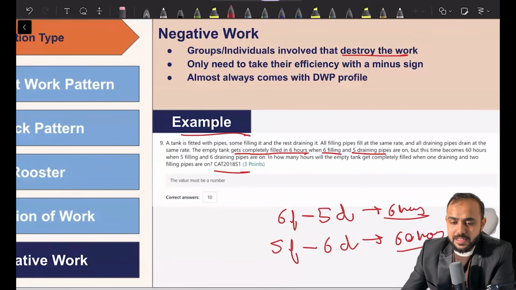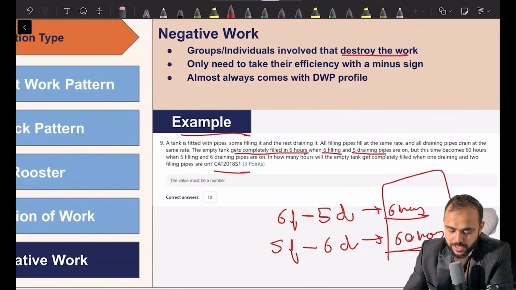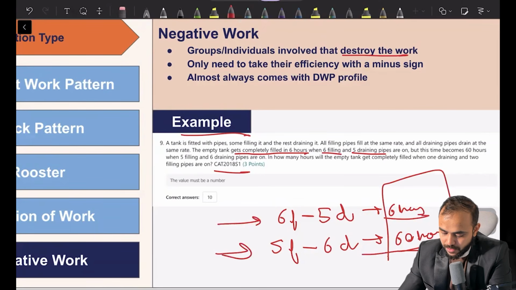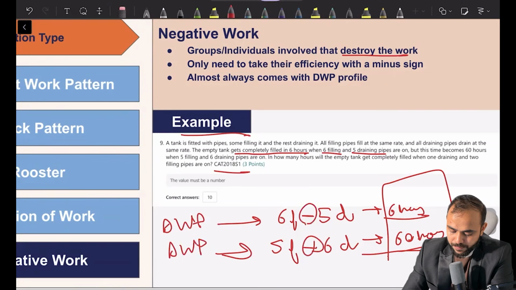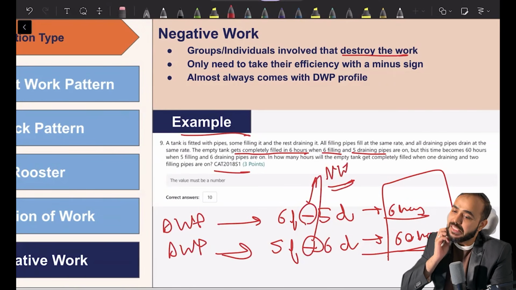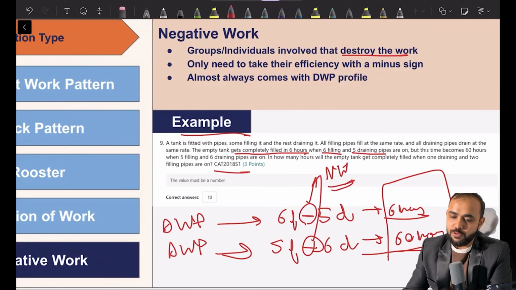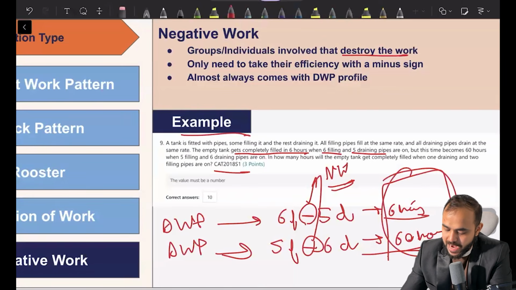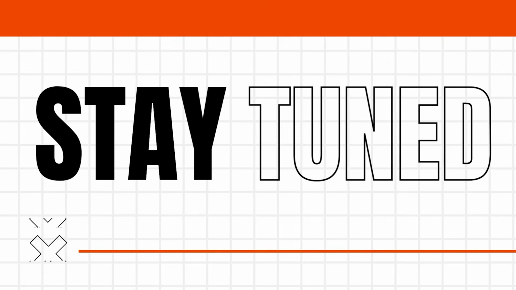Now, obviously, with 6 and 60, you can take an LCM, that is your solution enabler. These are two different work profiles, DWP, DWP. What is this? Negative work. So, you see how all of these three things, the way of giving the information, the solution enabler, and the question type, are getting matched.